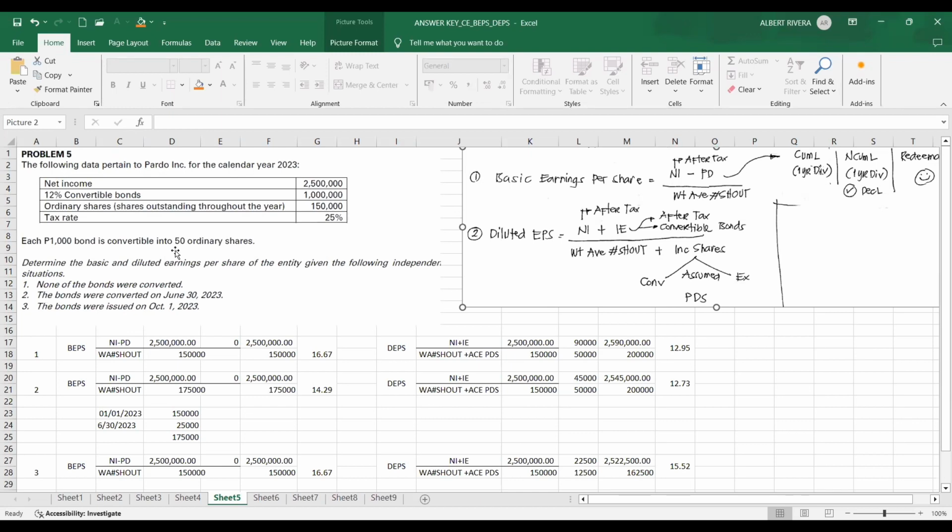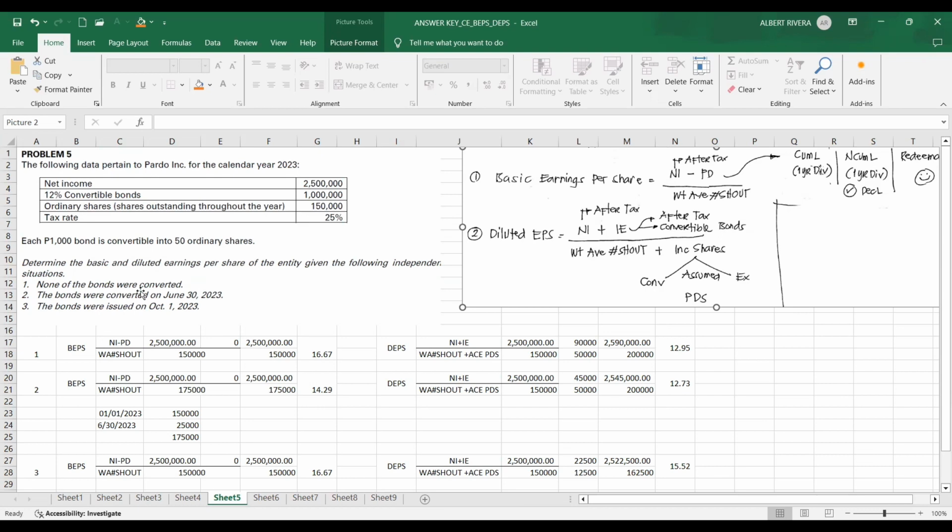A security that can be converted into ordinary shares. Okay? And it says here to compute for the basic and diluted earnings per share of the entity given the following independent assumptions. Okay. Sabi niya, none of the bonds were converted.